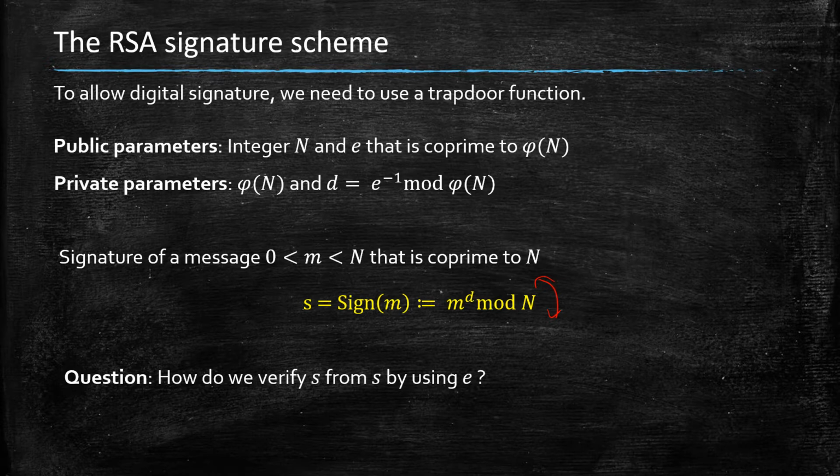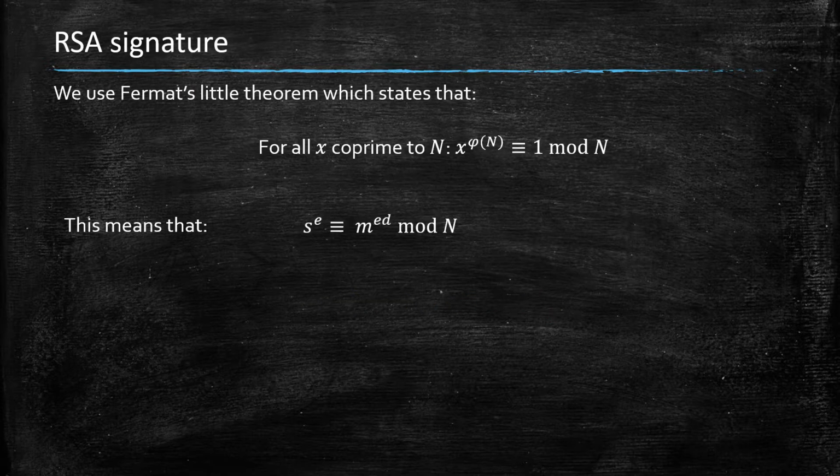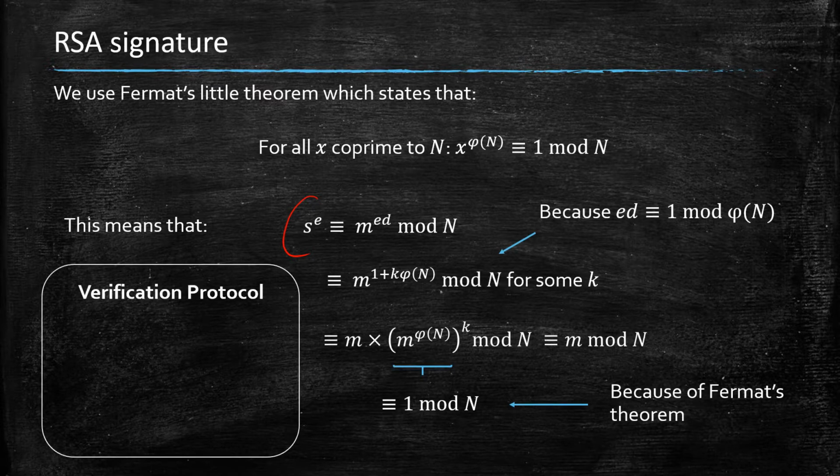And to verify a signature, given the public exponent, we use the same properties as before, and we raise the signature to the power of the public exponent, and for the same reason as before, that should equal m.